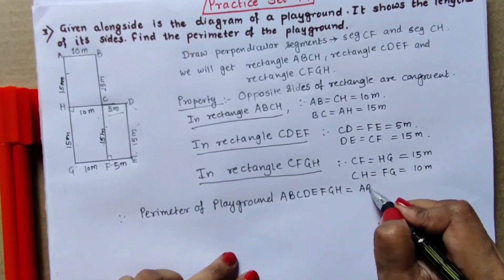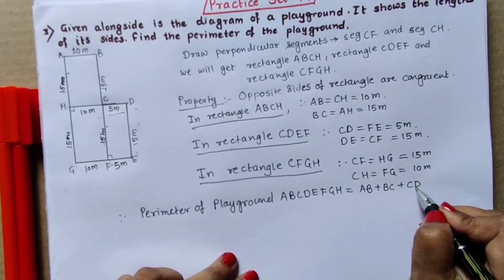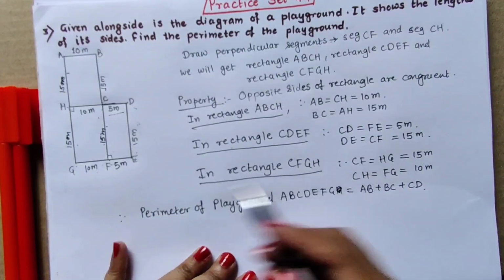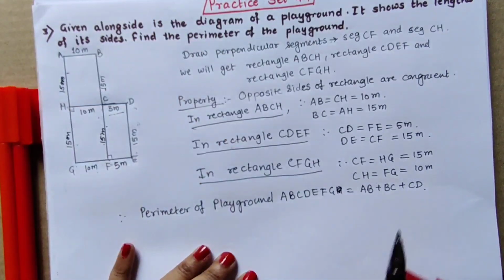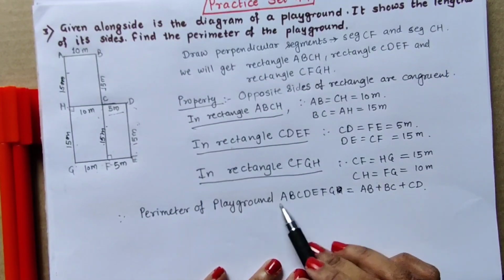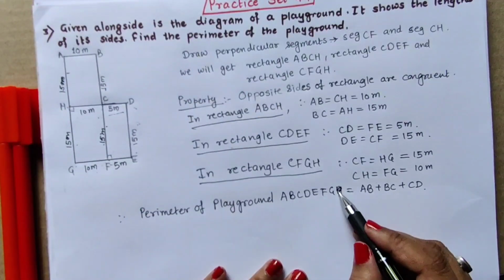AB plus BC plus CD. We don't require to write H because it is GA. This side is GA, but this GA is made up of GH and HA. So we will add that side also.